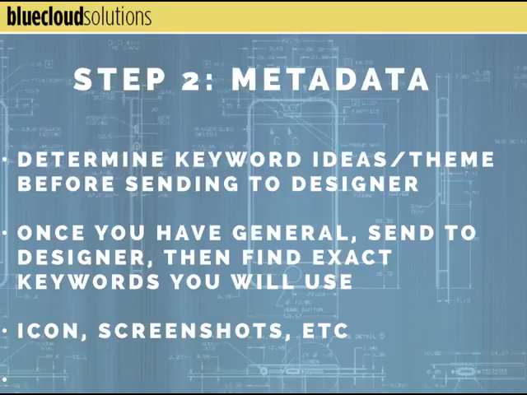The best thing you can do is to go get keyword ideas and theme ideas way before you start spending a lot of money on designers or developers or anything like that. Go out there and say, this is an opportunity. Here's something I can capitalize on. This source code I have, this source code I'm going to buy, here's exactly what I can do to capitalize on this theme. That's going to make a huge difference. So just make sure you do that research before you dive in and start spending money.